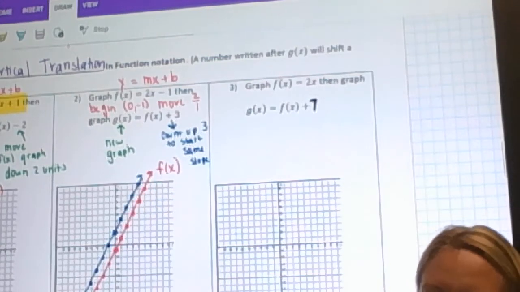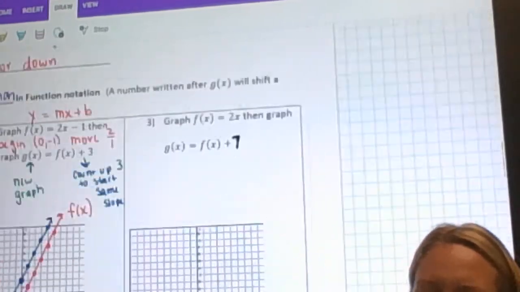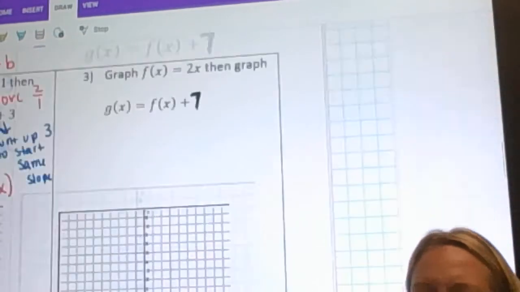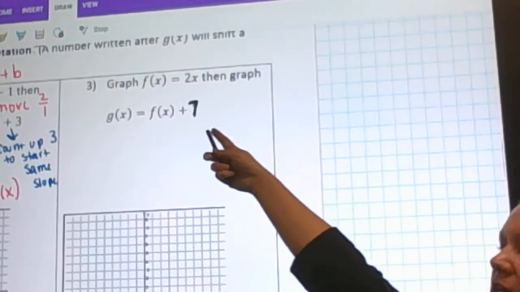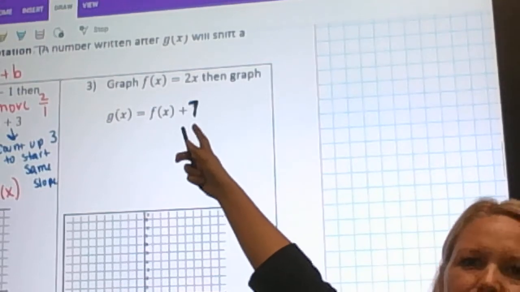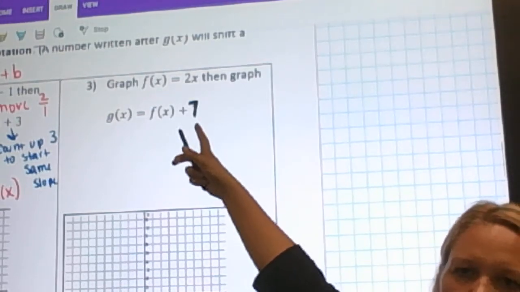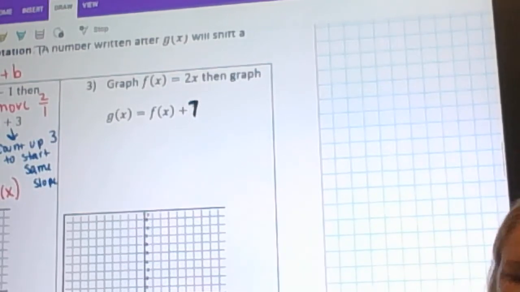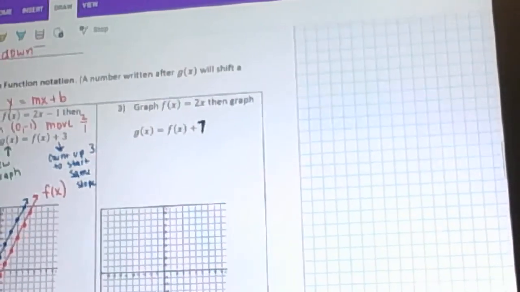Yeah, you really don't have enough graph. Everybody change this to 7. I just want to do something big. If you want to just do the 1, it's okay. You won't be in trouble.